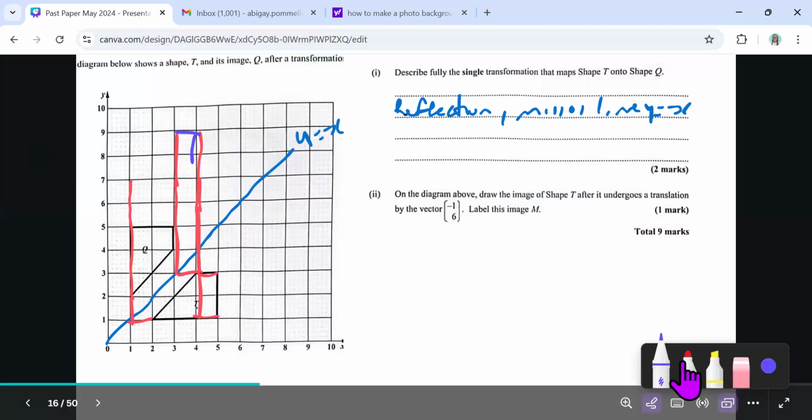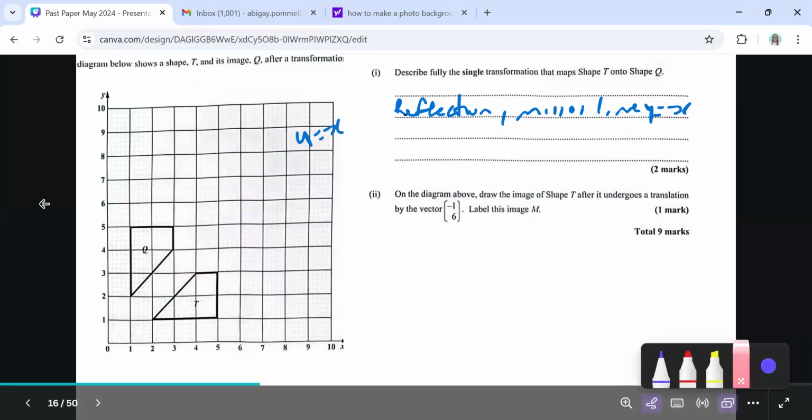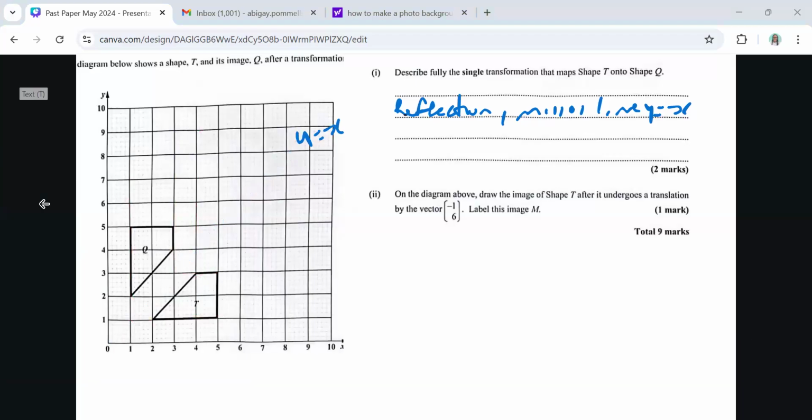Let me erase this. See if I can use a ruler. Okay, a line. So here is my line. So it's going to be my y-axis. Change the color. This is going to go up.